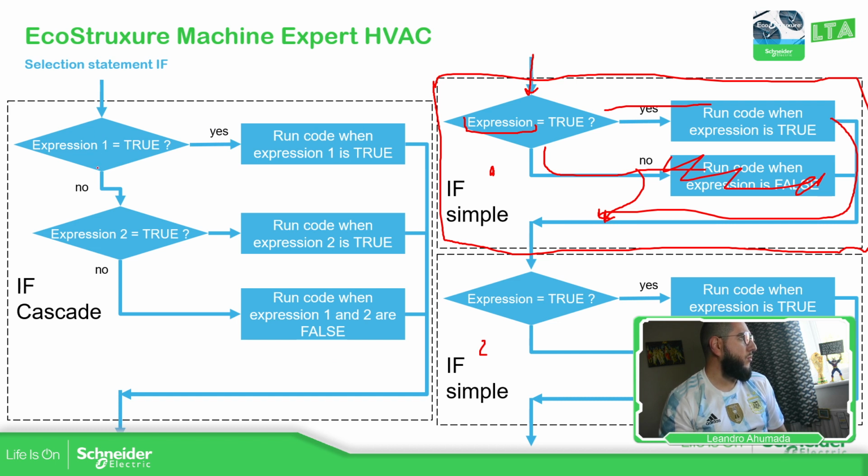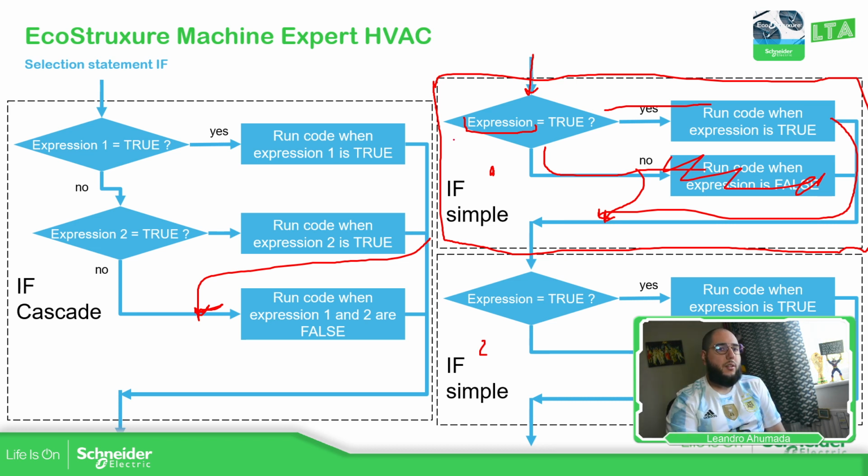When the expression is no, then you can go here, true, and then go to the end, and now you just run with the code that you have. And probably this one just goes over here and continues with the code. Probably now it's not as clear as I thought it was going to be. But the idea is, I have an if, and then I can have another one inside.